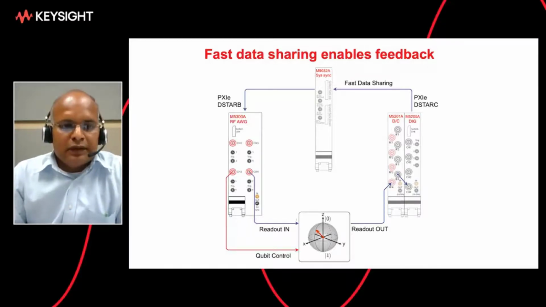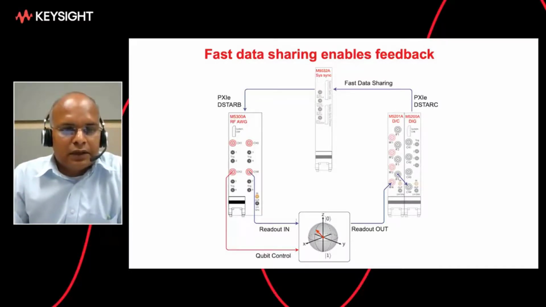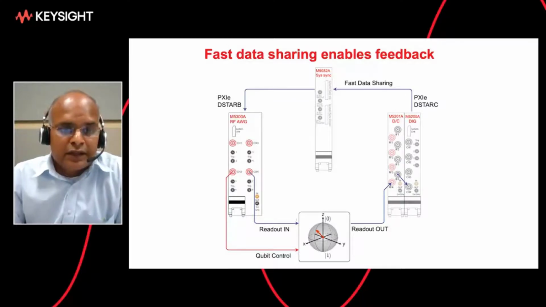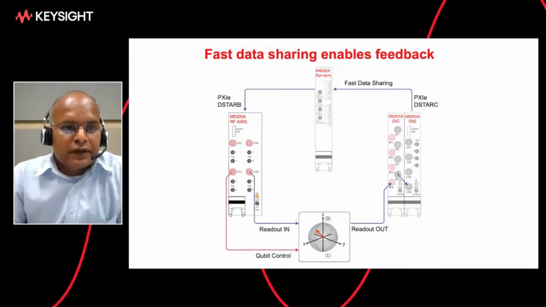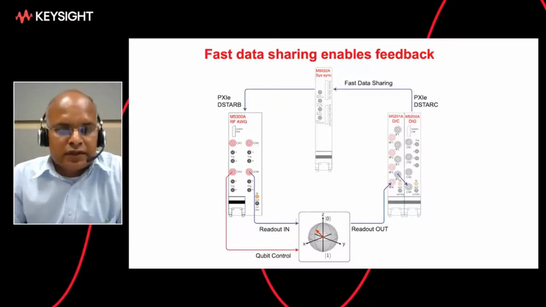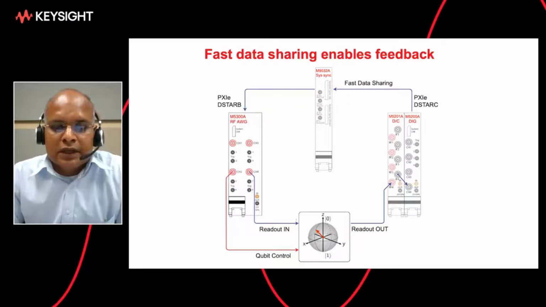Referring to this diagram, let's see step by step how things go on and where the fast data sharing provides a feedback operation. Initially the HVI at the M5300A RF AWG generates a trigger to make it send an RF pulse, an RF readout pulse. That readout pulse will be sent to the qubit.